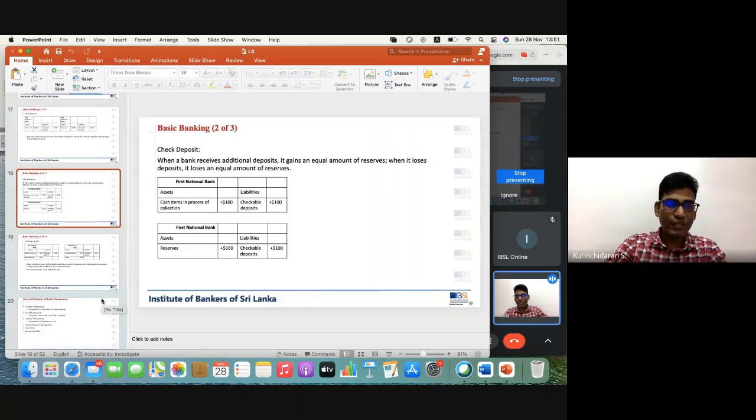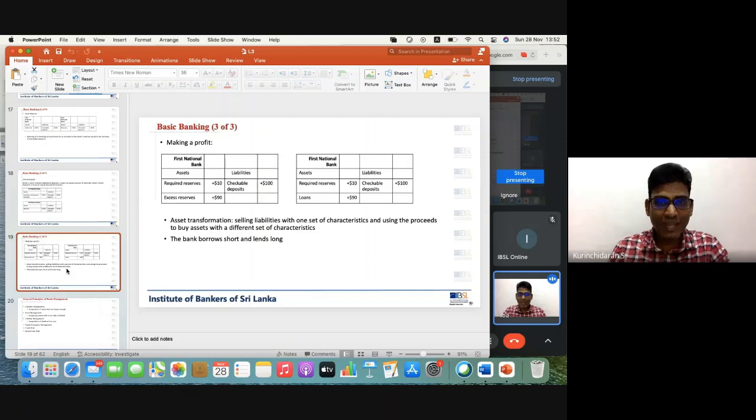Similarly, I don't need to tell you all again, when somebody is withdrawing their deposits, it's vice versa. You will lose deposits as well as you will lose reserves as well.